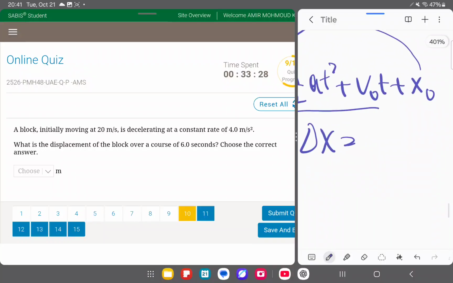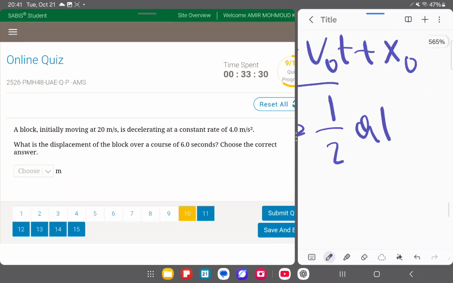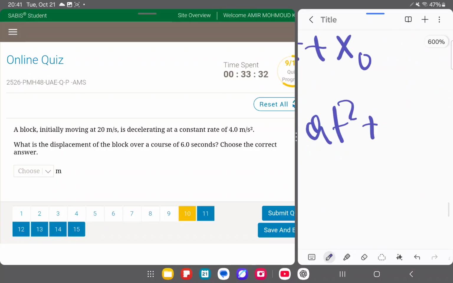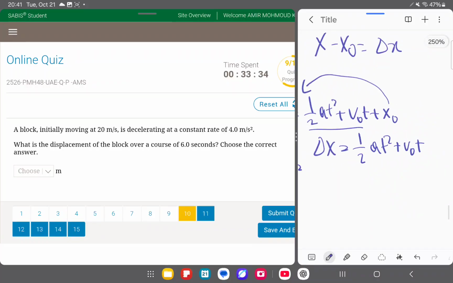So delta x is equal to half at squared plus v0t.